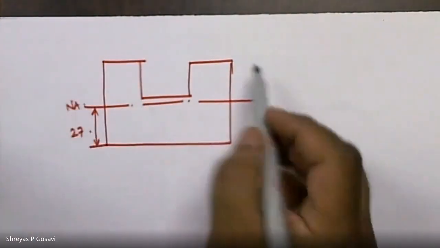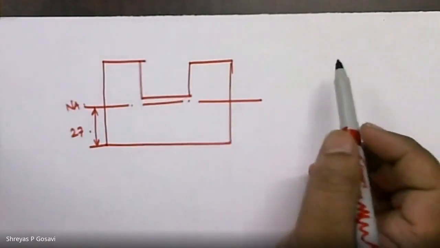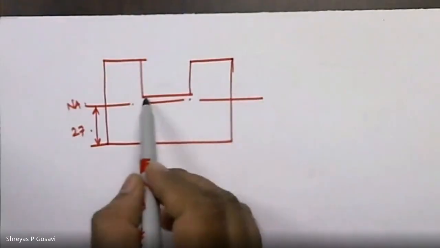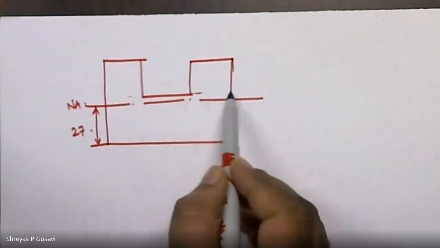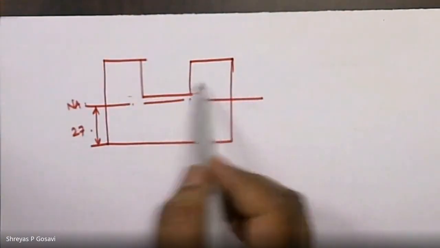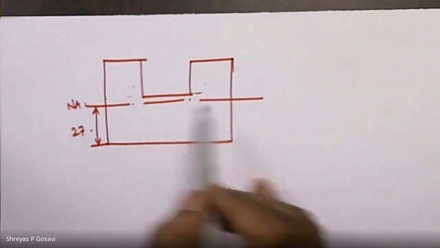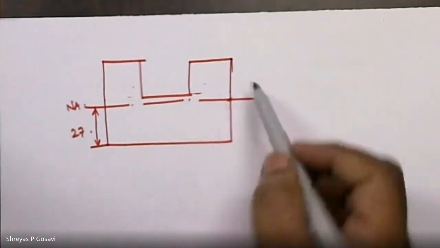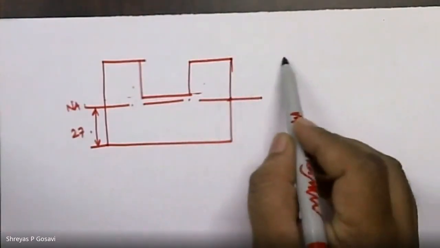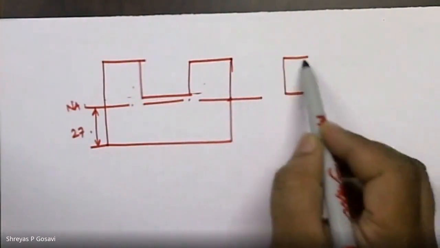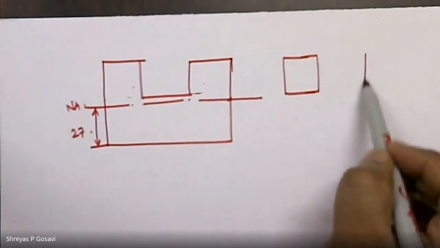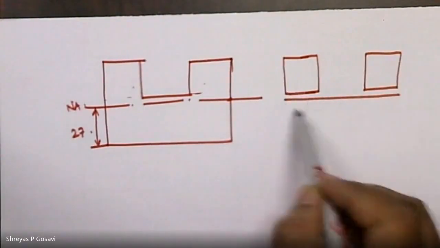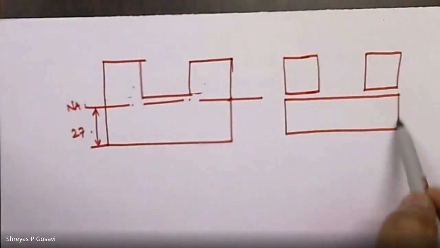So the critical points at which the shear stress should be calculated will be the junction of the flange, or these two sections, with the bottom section, and the neutral axis. Because if we split this section, it is nothing but a junction of three subsections.